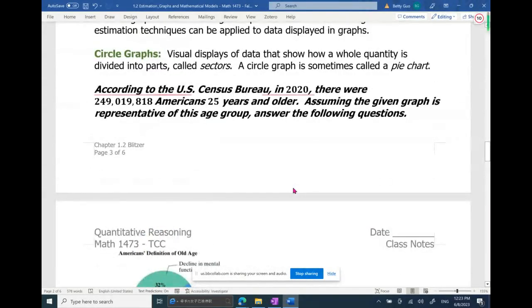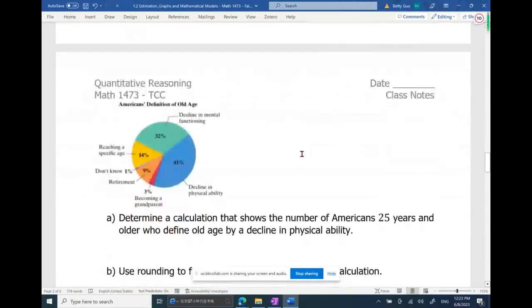According to the Bureau in 2020, there were 249,019,818 Americans 25 years and older, assuming the given graph is representative of this age group. So this is the population we are considering. Assuming the given graph is representative of this age group, answer the following questions.